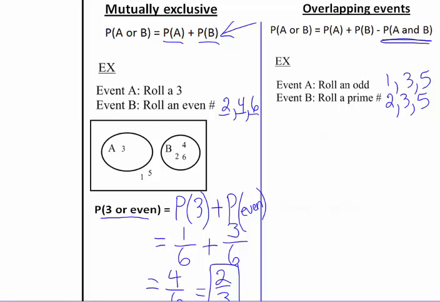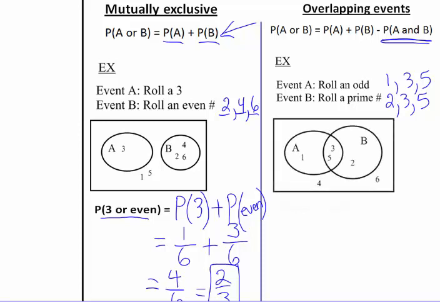So now we want to look and see where we have our overlap. So let's look at our diagram. In circle A, notice we have a 1, 3, and a 5, all in circle A. In circle B, we have a 2, 3, and a 5, all in circle B. But there's this middle piece right here. The 3 and the 5 are in both circles. So that is our overlap. And then we still have a 4 and a 6.